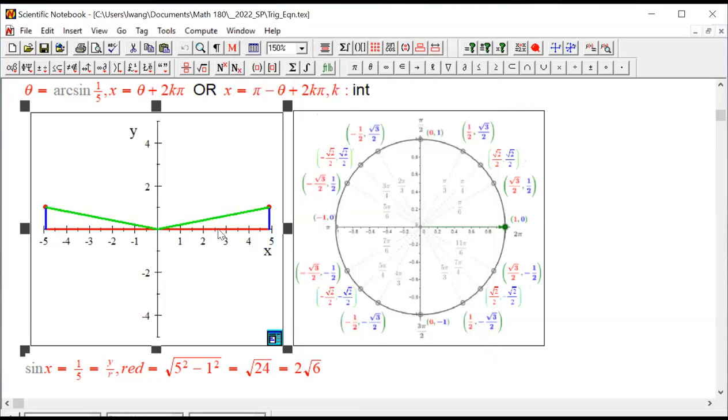This angle is theta, and the other angle is pi minus theta. Okay, so this is theta. And this other angle is pi minus theta.